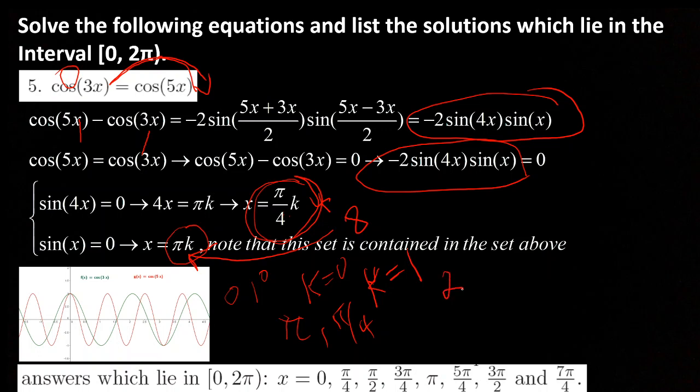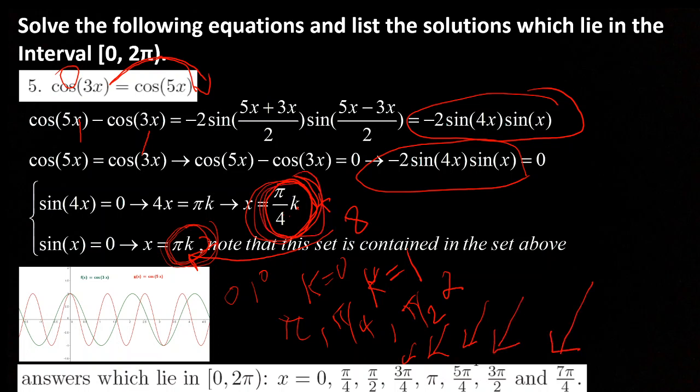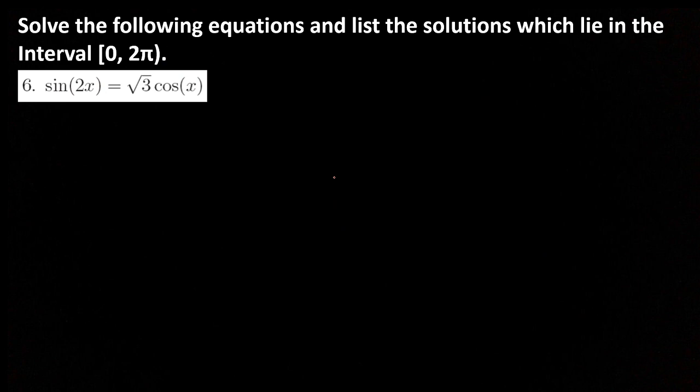And when k is 2, we get pi over 2 from here, and we get 2 pi from here, but we don't want that, so we just use that. So it would be pi over 2, and then when k equals 3, we get 3 pi over 4. When k equals 4, we get pi. Notice we don't get anything from here after k equals 1. And so forth. 5 gives you this, and 6 gives you this, and 7 gives you that, all from here. And 8 is going to give you 2 pi, and that's not going to work.